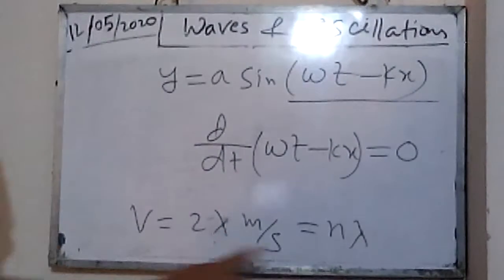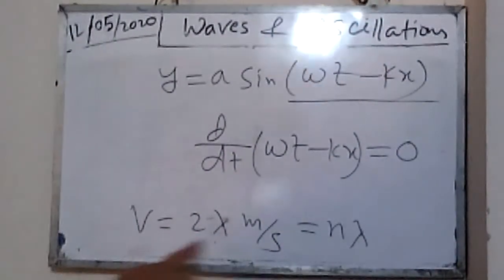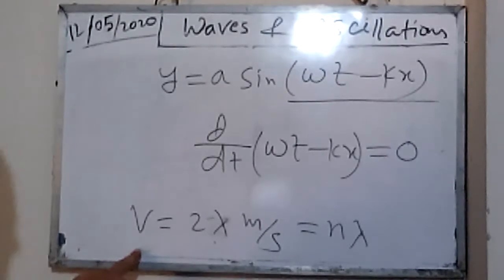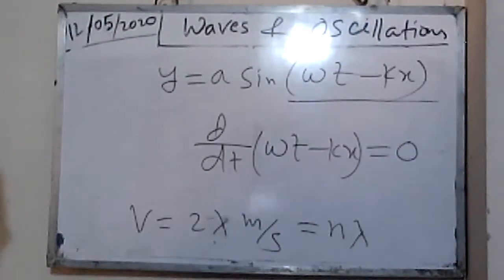You remember v equals n lambda, where v means wave velocity.